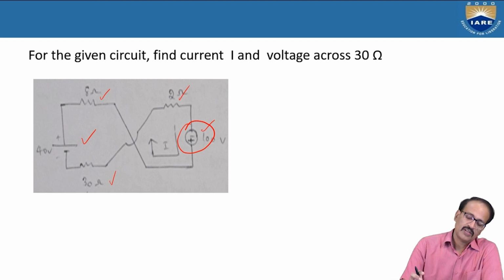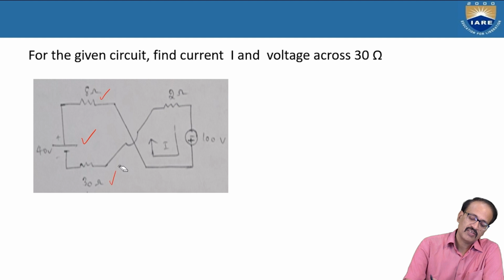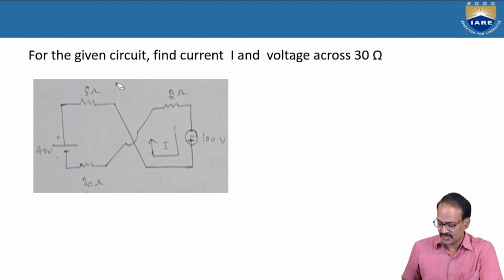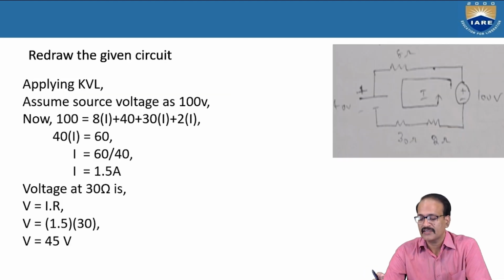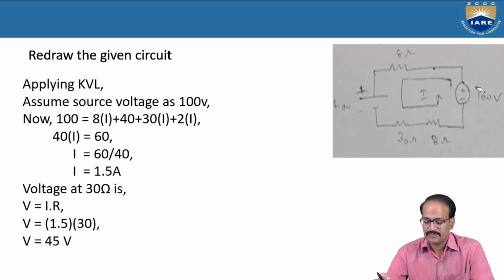According to it, first we have to redraw this circuit because it is twisted. We'll redraw it in the normal format, so we'll get it like this. So here 100 volts and 40 volts. We have to consider the highest source, this 100 volts.